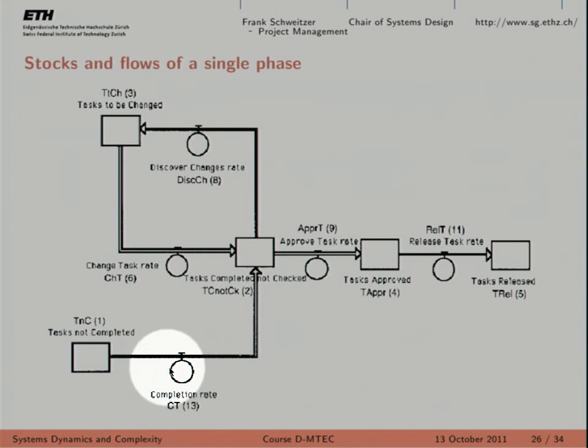They're completed at some rate, and they go to another stock variable, called tasks completed but not checked. Then you check the tasks for quality. This is the quality loop here. If the quality is fine, they move to the tasks which are approved, and then finally you release the tasks for the next phases, right? So this is the idea we already saw.